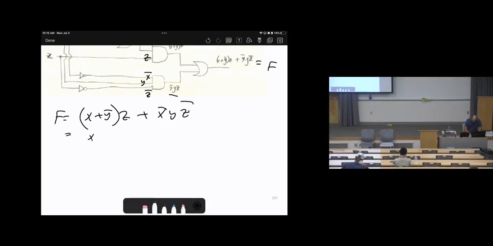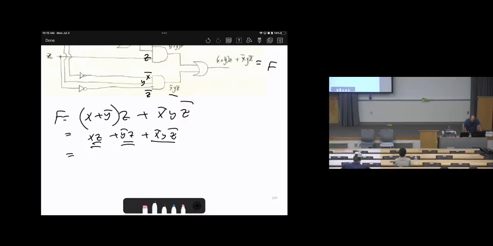So it will be XZ plus Y bar Z plus X bar Y Z bar. Now, not all of these terms are based on 3 variables. This term includes 3 variables, that's fine. But this includes 2, this includes 2. What do we need to do? Apply the same techniques that we used when we did the minterms.